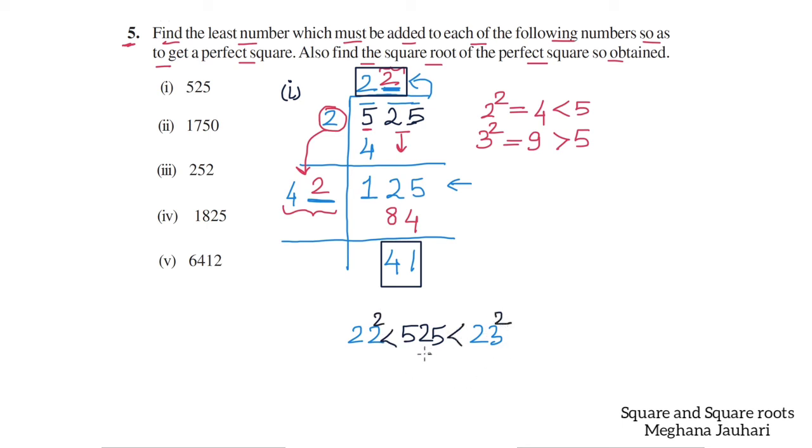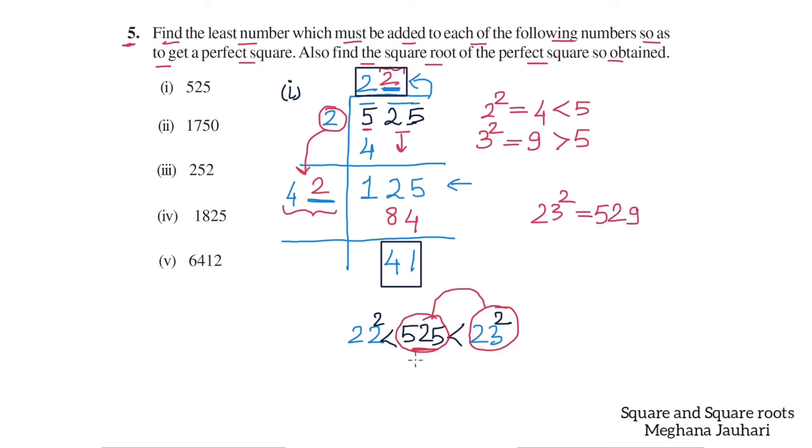So 525 lies between these two consecutive perfect squares, and hence the smallest number that we can add to 525 to get a perfect square is the difference between 23 square and the number 525. So let's calculate the difference between these two numbers. 23 square, if we find it, is 529.